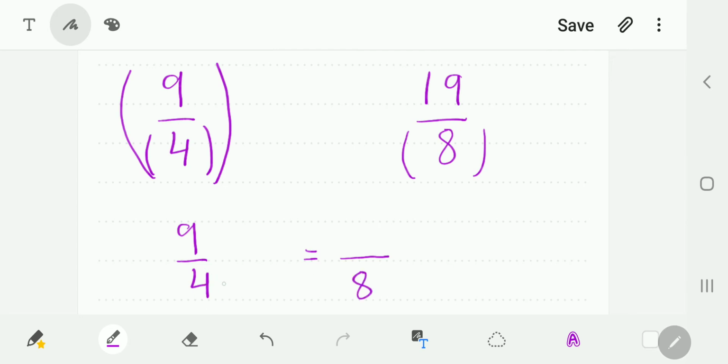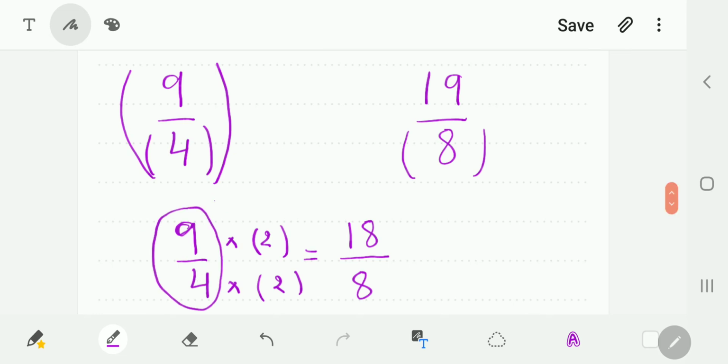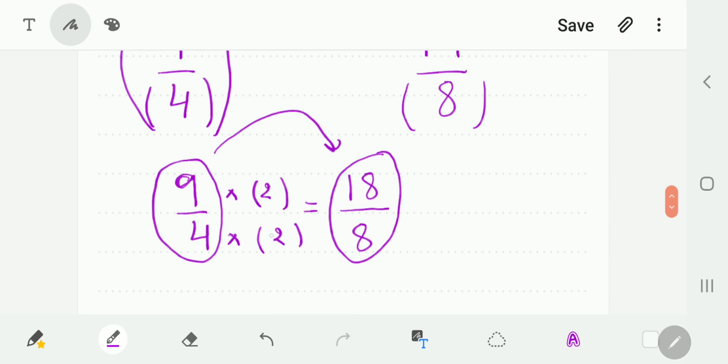Same thing, what number do I multiply 4 by to get 8? I multiply 4 times 2, which equals 8. So I use the same number to multiply the upper number. So 9 times 2 equals 18. Very good. So now I changed 9/4 to 18/8, and they are the same.